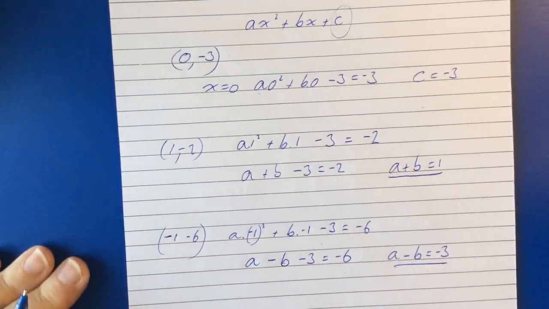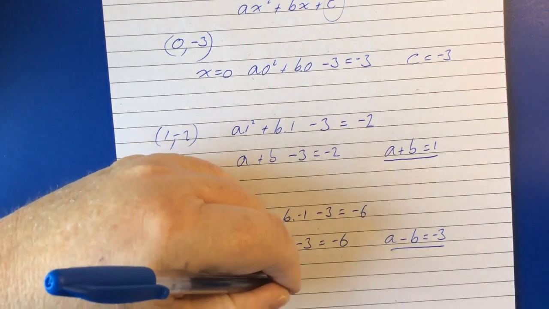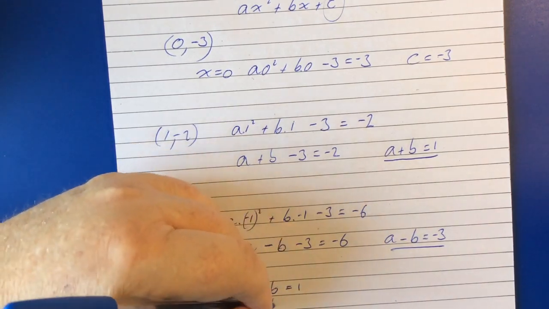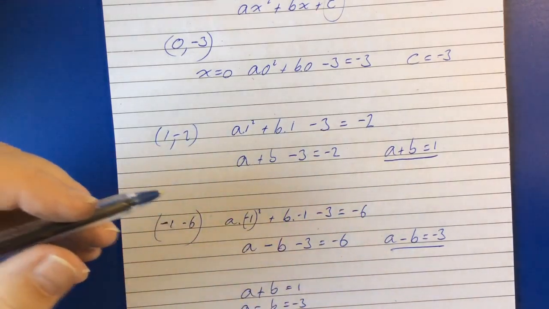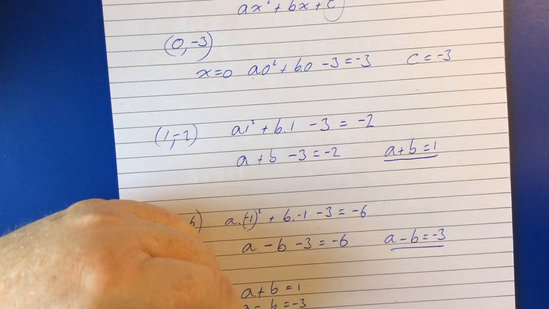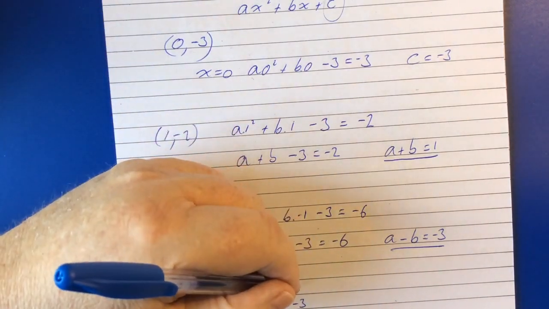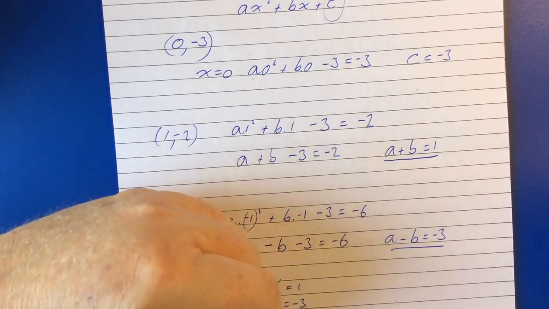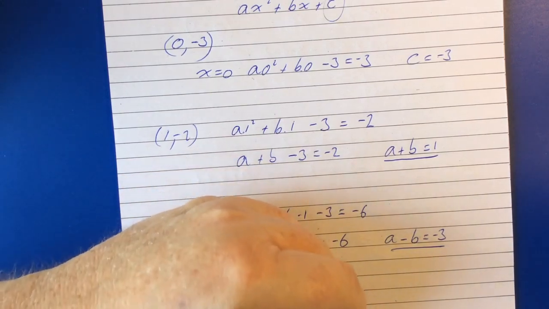So let's put those to work. A plus b equals 1, a minus b equals -3. Let's add these. And what we get is 2a, the b's disappear. 1 plus -3 equals -2, so a is going to equal -1.